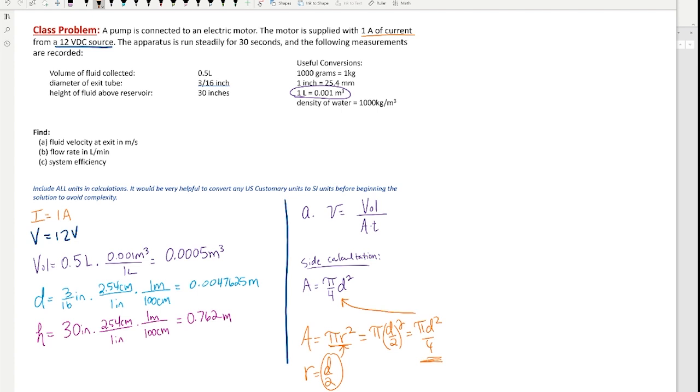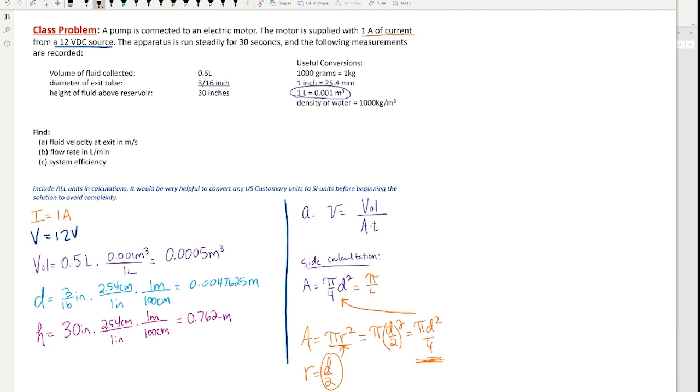You can easily measure the diameter, whereas trying to measure the radius of a circular object is very difficult, trying to find that center section of it. And so typically in engineering, you will see us use this form of the area equation because we can more easily measure diameter. So get used to seeing area written in terms of pi over 4 d squared, because you'll see this a lot in many of your other classes.